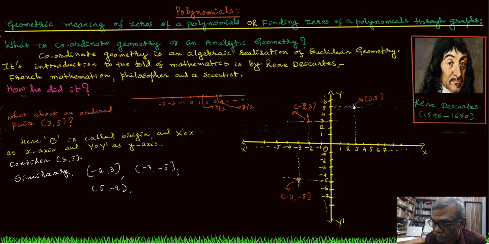From 5 a line parallel to the y-axis, and from minus 2 a line parallel to the x-axis, and this is the point (5, -2).